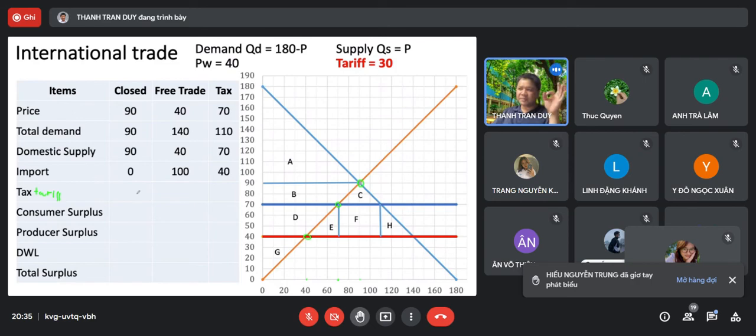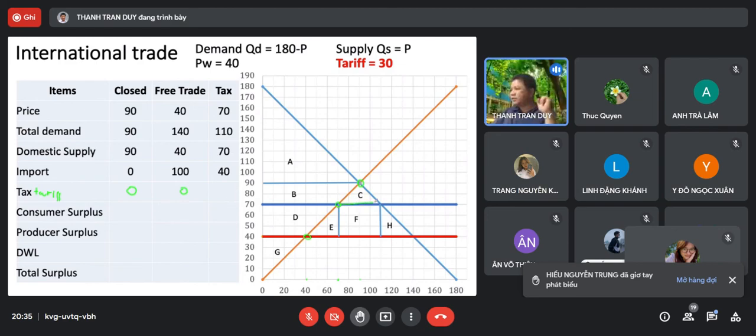Do we have tariffs in case of closed economy? Yes or no? No, right? Free trade. Do we have tariffs? No as well, right?